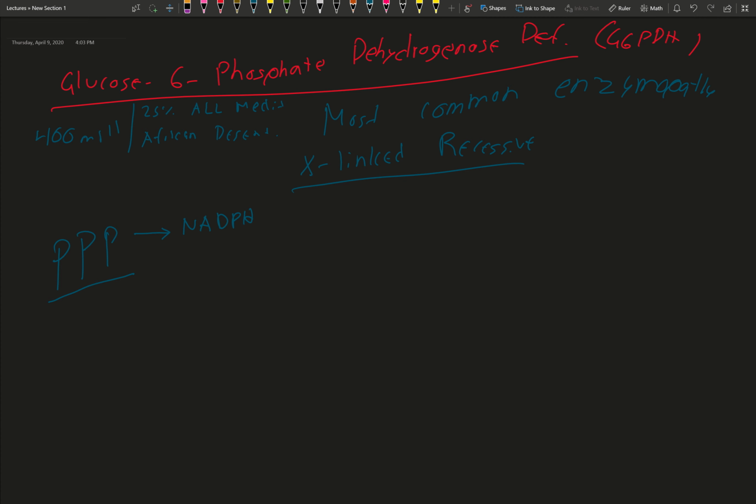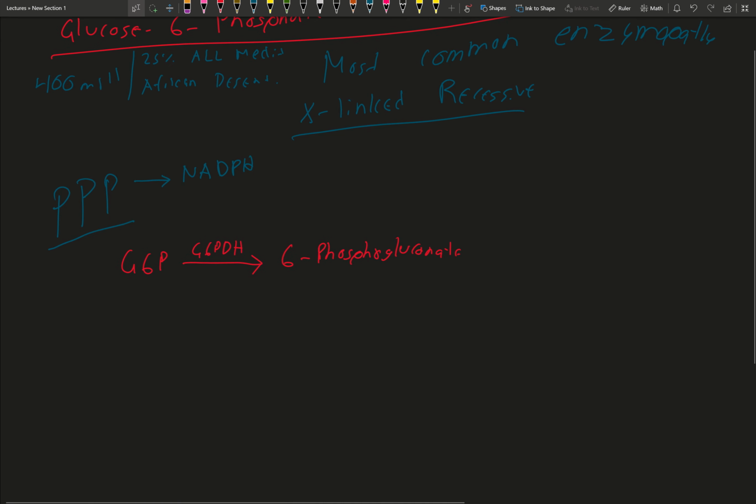So the very first reaction of the pentose phosphate pathway is the conversion of glucose 6-phosphate, again done by G6PDH, to 6-phosphogluconate. The product here is not important.